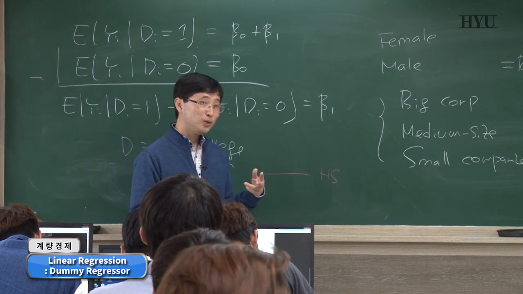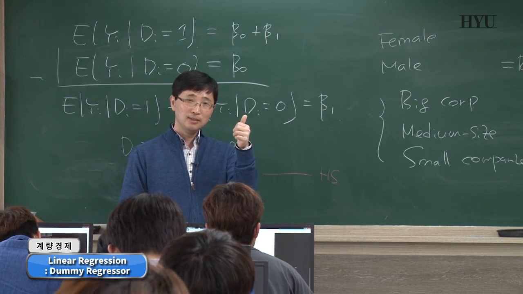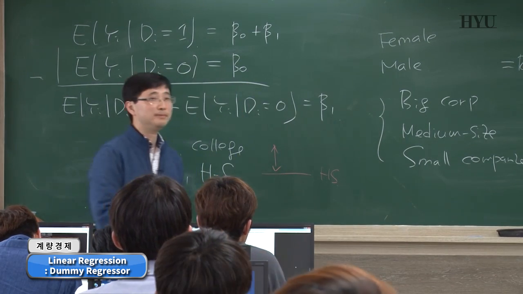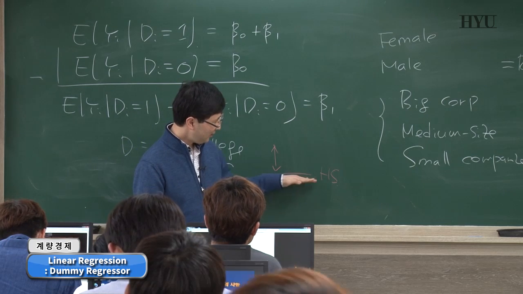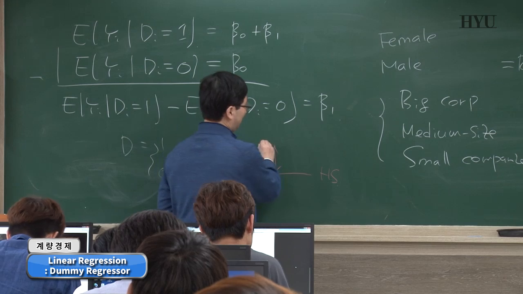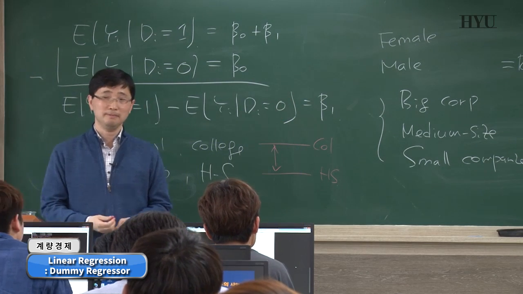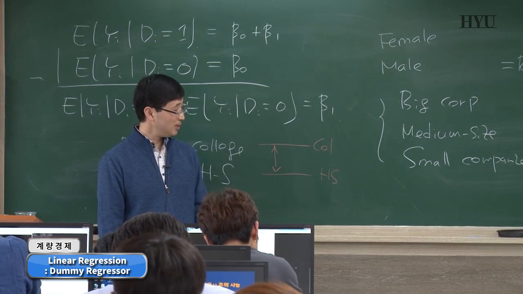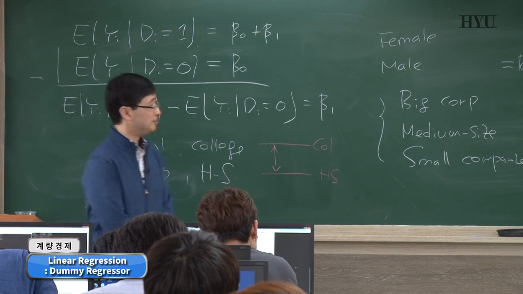And then we calculate the gap between the college graduates and the high school graduates. So suppose the gap is this much. So you know the baseline, and then you know the difference. So if you add them, it's going to give the average wages of college graduates, right? Because it's college minus high school. So in that sense, high school is the baseline group.